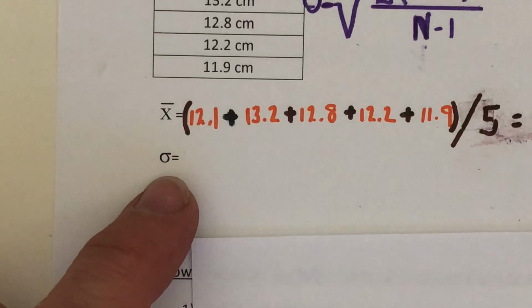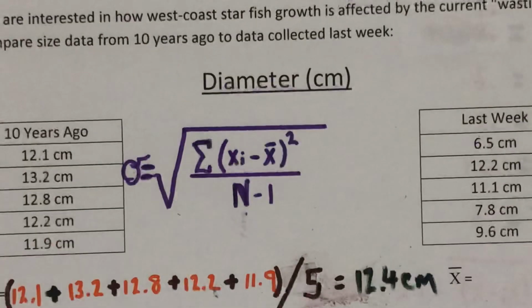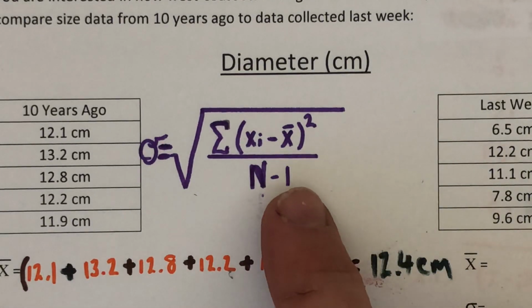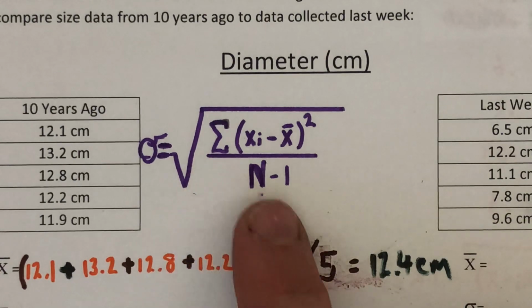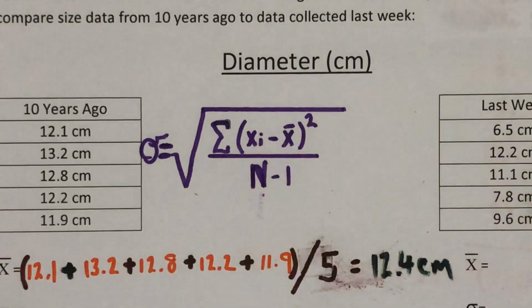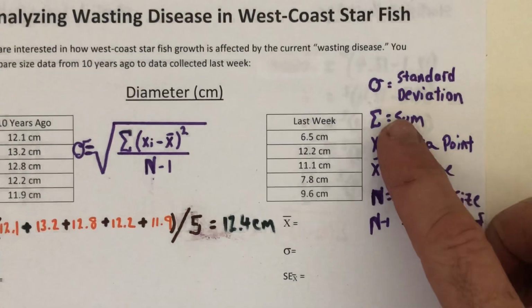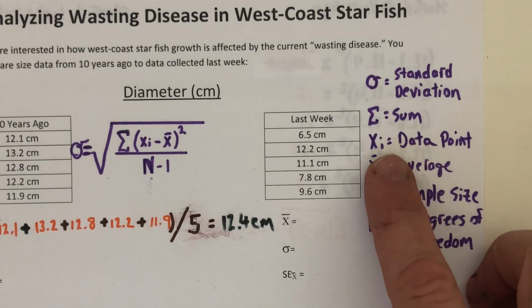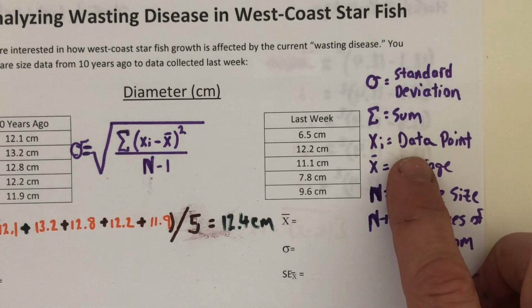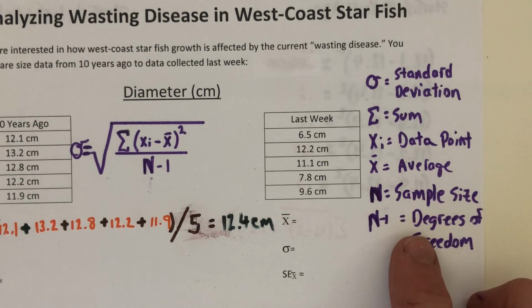Okay, so we're going to use that to determine something called standard deviation. Standard deviation is symbolized by this theta symbol, and from watching the Bozeman video, this is the equation that we use to determine standard deviation. In it, theta is standard deviation, sigma is the sum, we have the initial data point and the average data point, and then we have sample size and degrees of freedom.